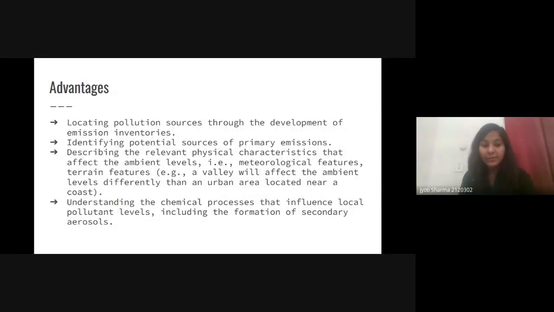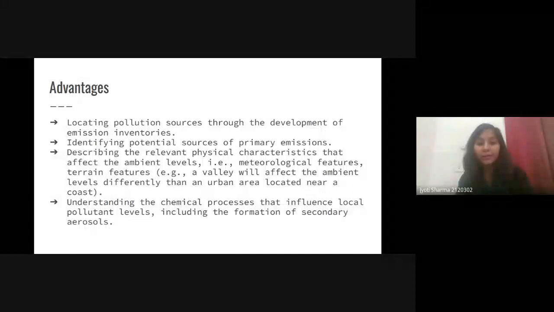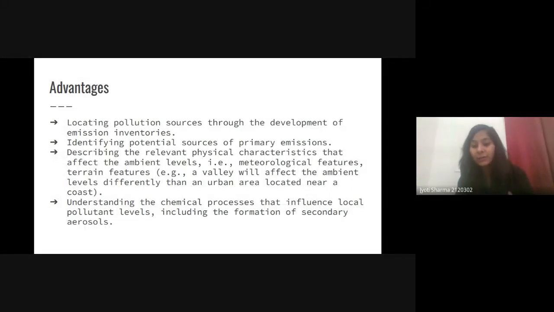So what are the advantages? The advantage is locating the pollution source through the development of an emission inventory. So first we create the emission inventory, then we locate the pollution source. The second advantage is that it can identify potential sources of primary emissions.